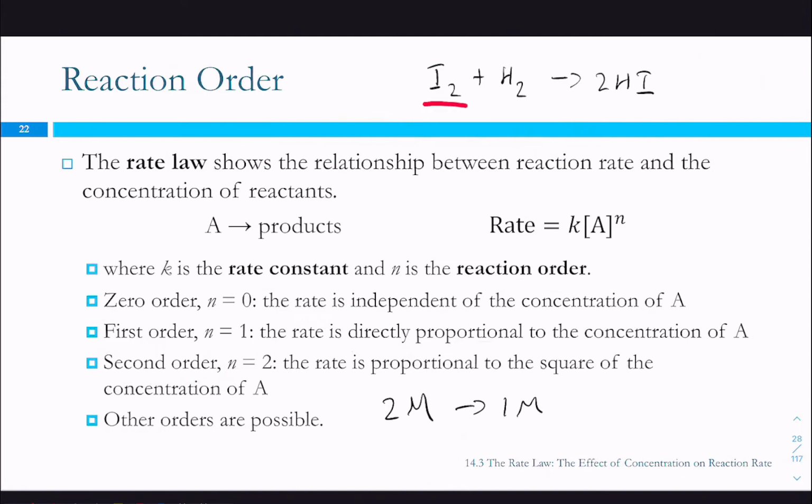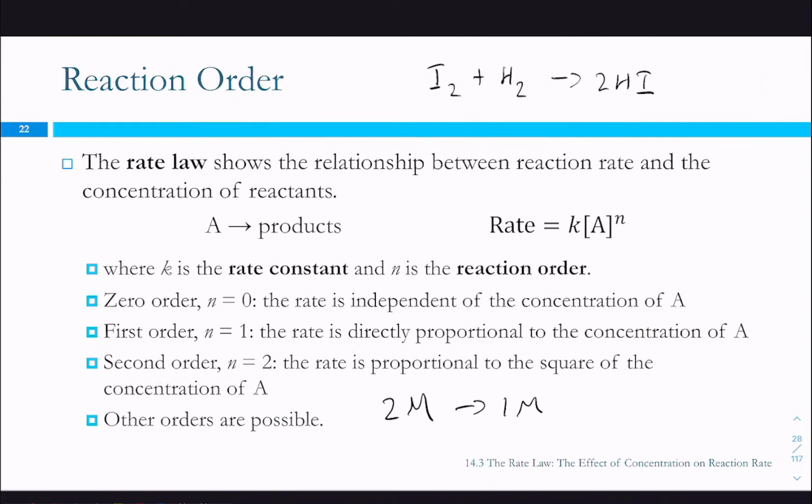Because if the concentration of I2 decreases, then we're going to have fewer I2, H2 collisions. But the concentration of H2 will do the same. All right, so anything that's decreasing the number of reaction collisions is going to decrease the rate.